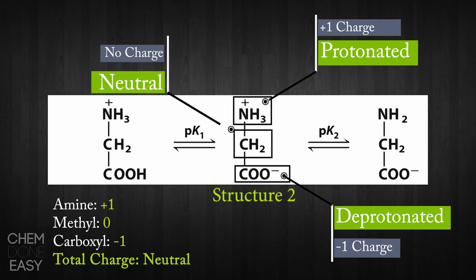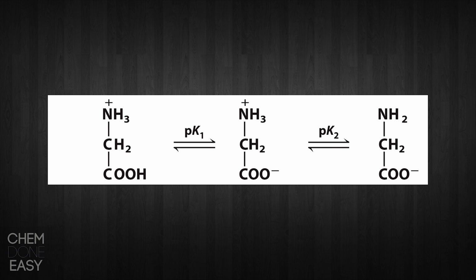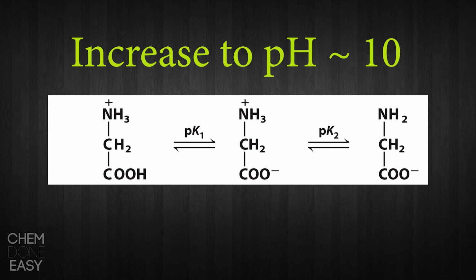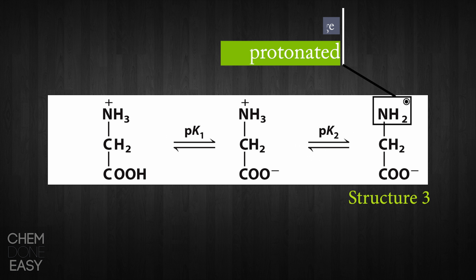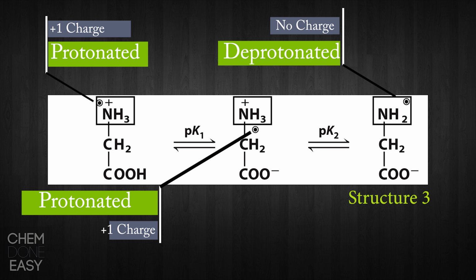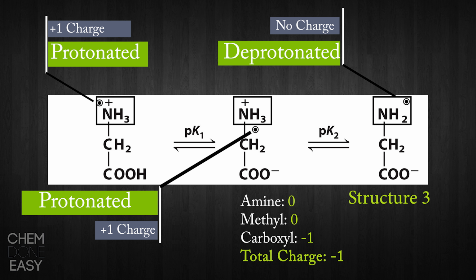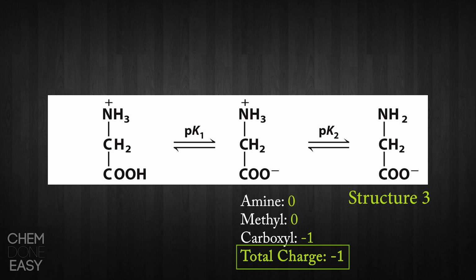Therefore, when we add them all up, our glycine molecule is now neutral in charge. As we keep increasing the pH, making it more and more basic, our amino acid changes structure one last time, and we can see that the amino group has finally released its proton. This means that our glycine molecule now has a charge of -1.